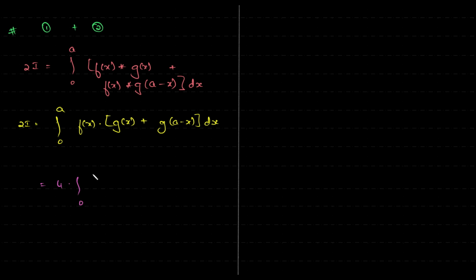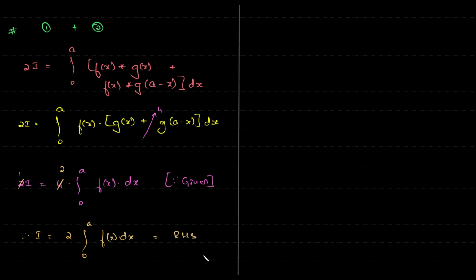So 4 times the integration from 0 to a of f of x dx, this is equal to 4. All of this is because it's given. Remember, this is 2I. Therefore, I is equal to 2 times the integration from 0 to a of f of x dx, which is equal to the RHS, hence proved.